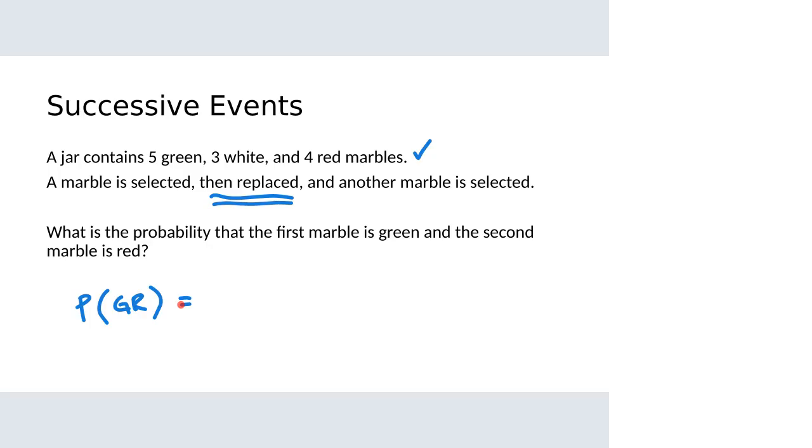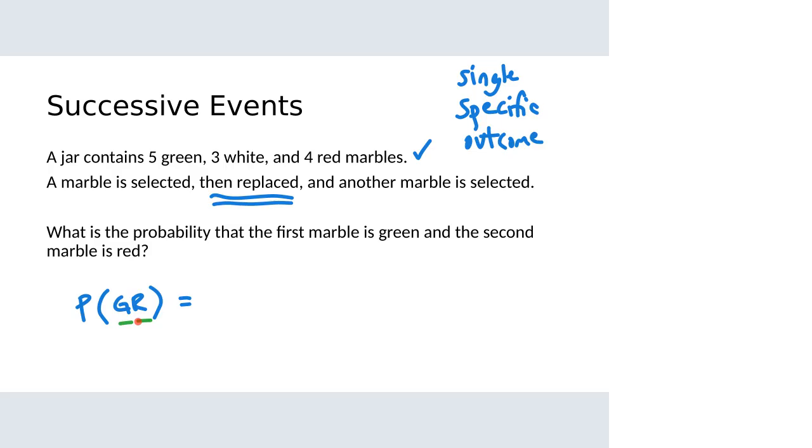You're going to hear me say "single specific outcome" during class today. And when I say a single specific outcome, what I'm talking about is something like this: green followed by red. That's it. That's a single specific outcome. That's the only one we care about.